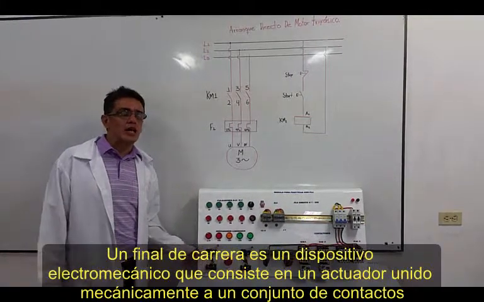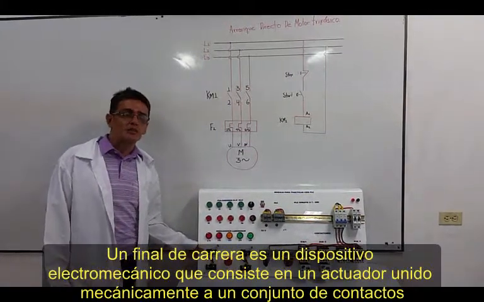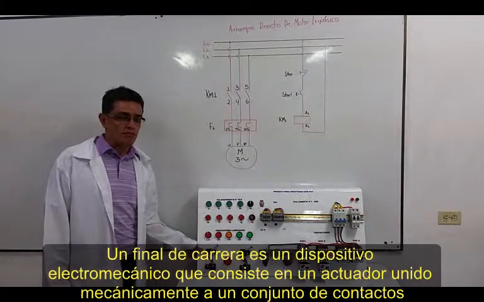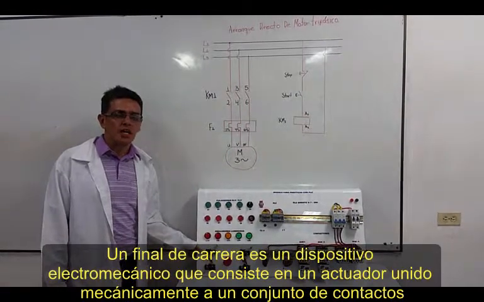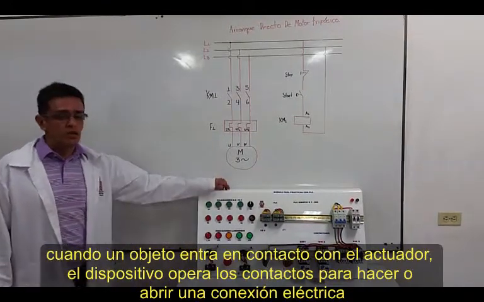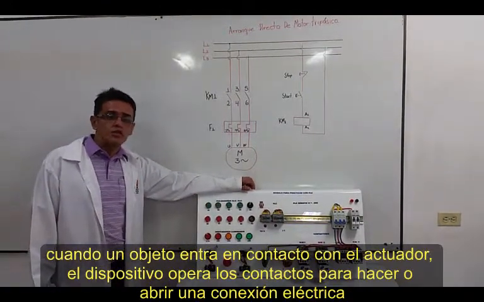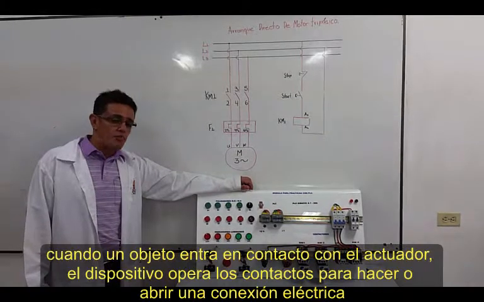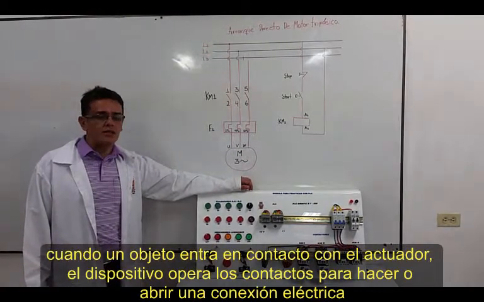A limit switch is an electromechanical device that consists of an actuator mechanically linked to a set of contacts. When an object comes into contact with the actuator, the device operates a contact to make or break an electrical connection.